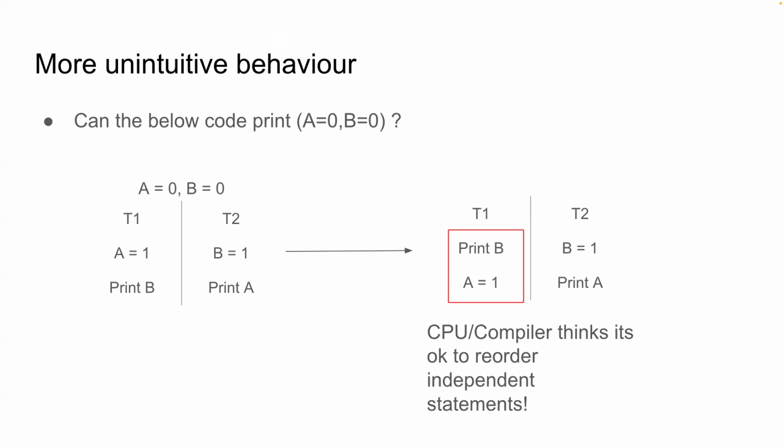Print could basically be a read or an actual print, whatever it is. It's basically a read and a write, so it's reorganizing the read and write inside a thread. It wants to go as fast as possible. If you dive into the microarchitecture, it makes sense to do this. But as a programmer, this breaks your intuition.